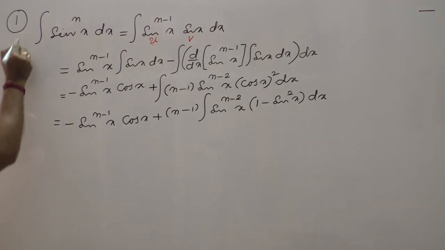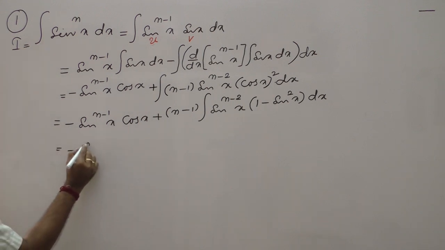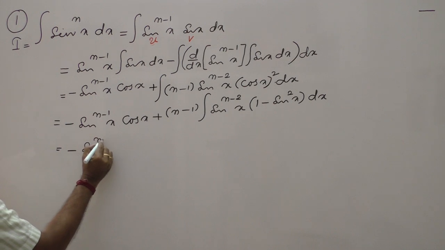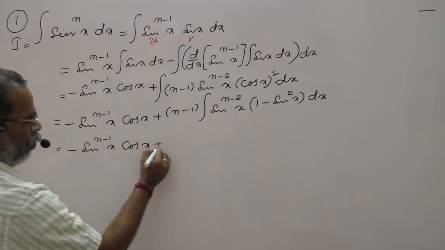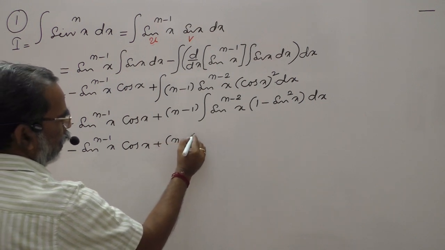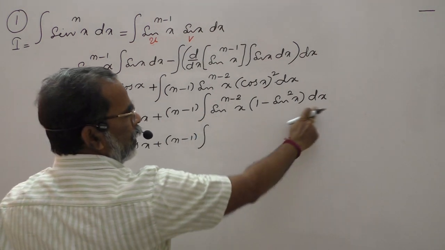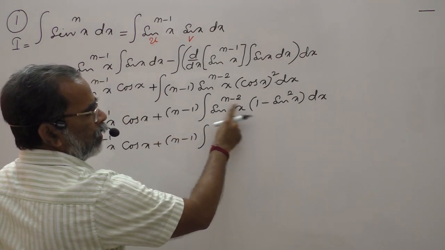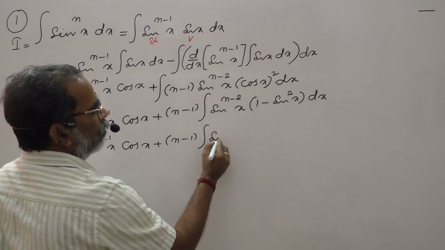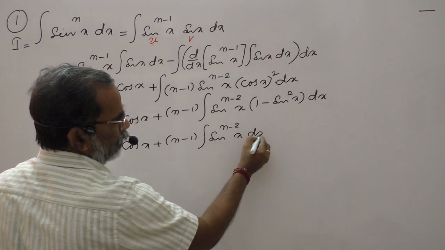So I will suppose the given integral is I. Therefore this is minus sine power n minus 1 x into cos x. Carefully, n minus 1 into the integral of this. n minus 1 is for this entire thing. Here I will multiply sine power n minus 2 into 1, which is sine power n minus 2 x into dx.